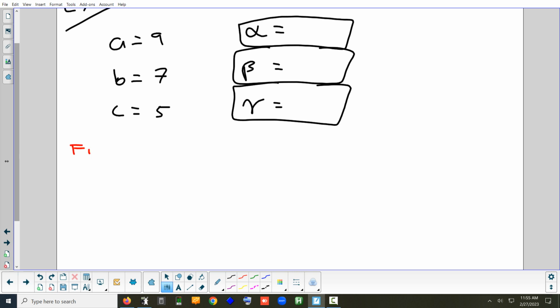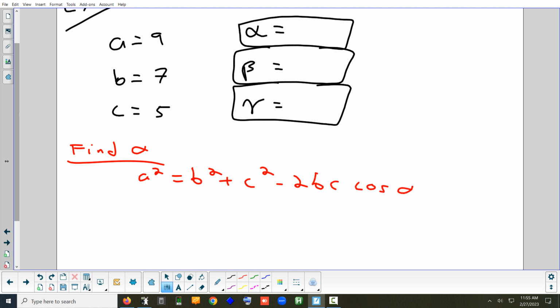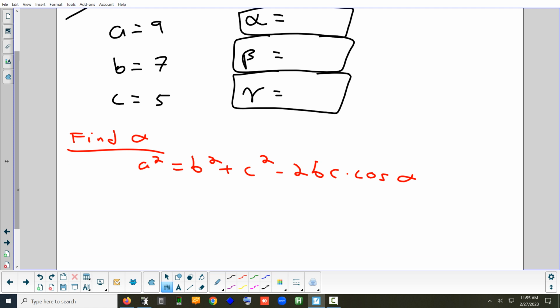Okay, let's find alpha. So we've got a squared equals b squared plus c squared minus 2bc cosine alpha. Right, let's fill it in. What's a squared? 81, so square it.